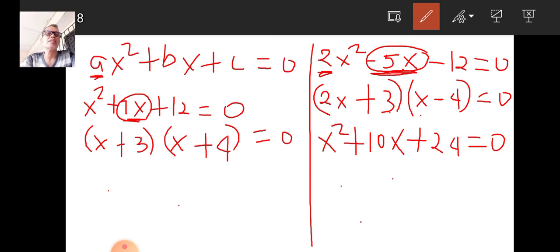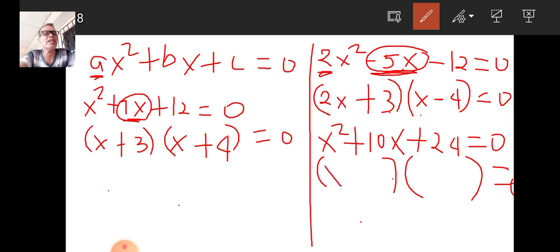This is easier because x squared has the numerical coefficient of 1. So your only problem is the product of 24. The factors of x squared are x times x.